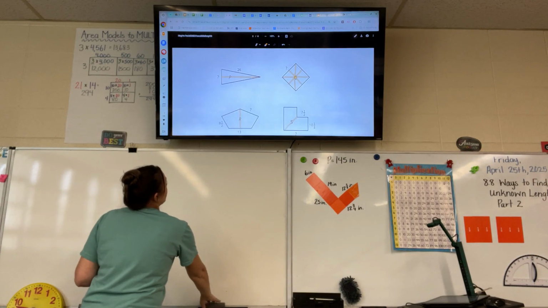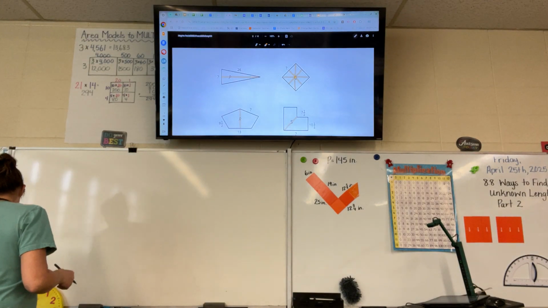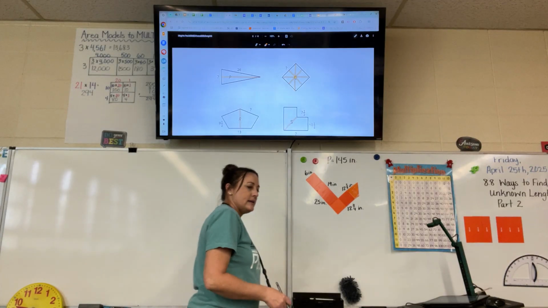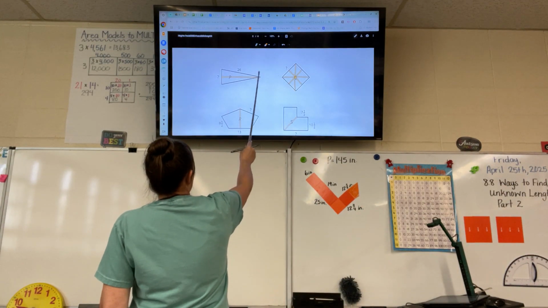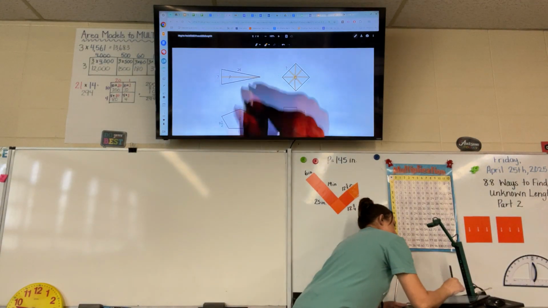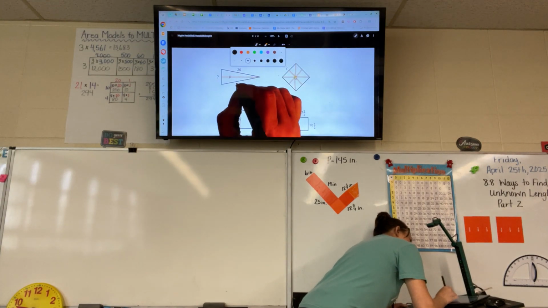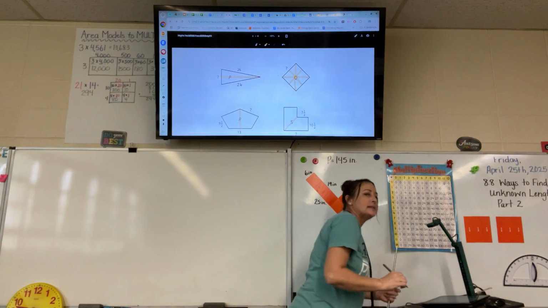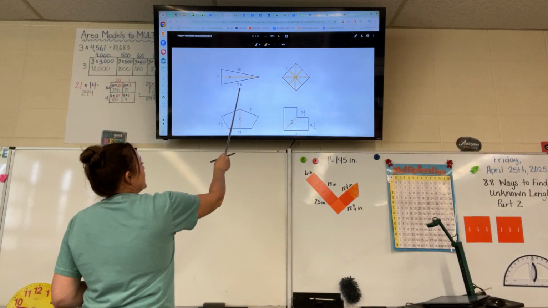So the first figure that we have is P, and it says that this is a line of symmetry. So what does this side need to equal? 26, yes. So the top is 26, and since there's a line of symmetry, the bottom is 26 as well.